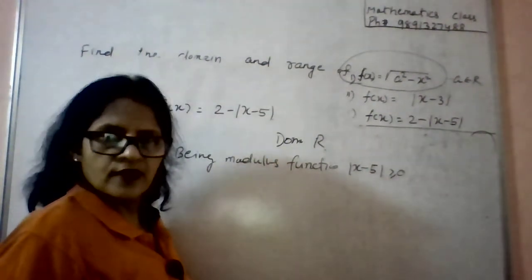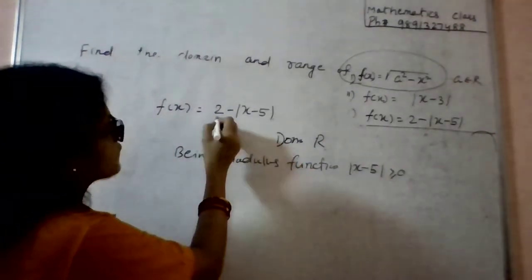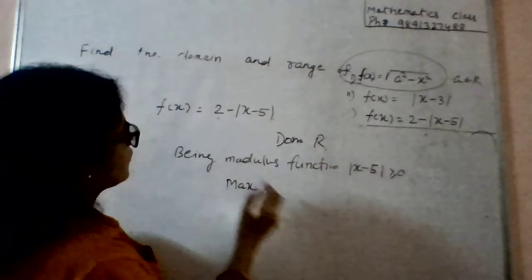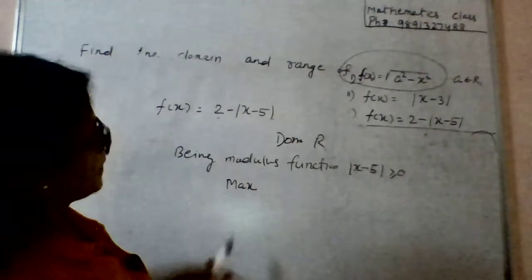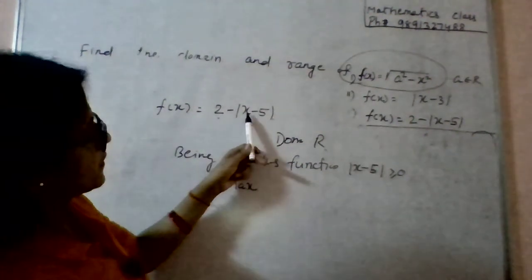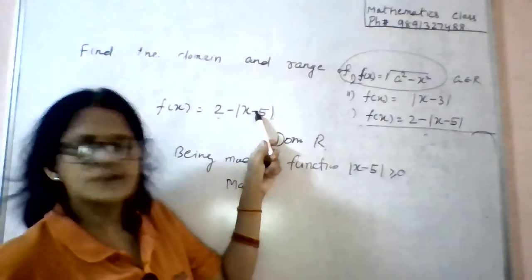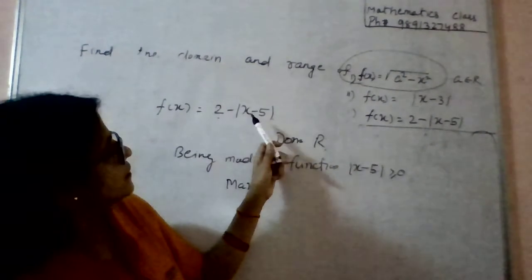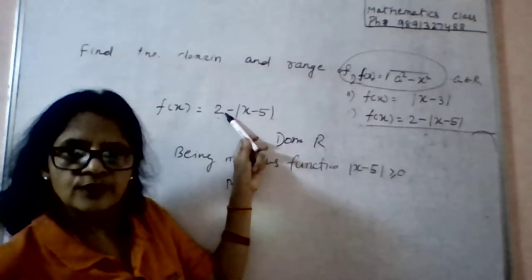It means the maximum value of this function will be what? 2 minus mod x minus 5. If it is equal to 0, you are getting the maximum. So when it is 0, you are getting 2.